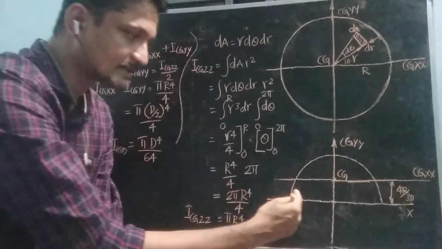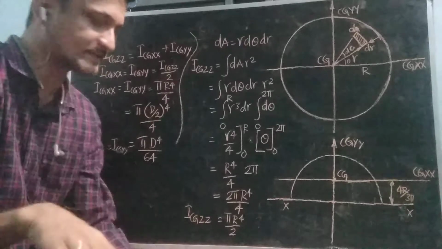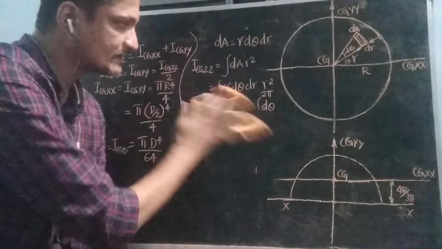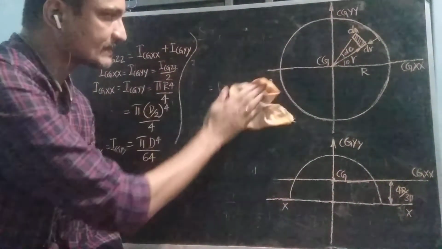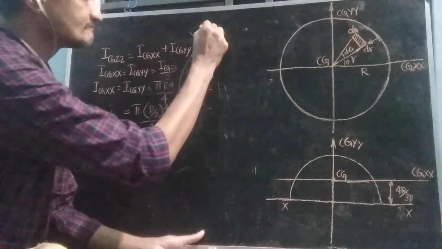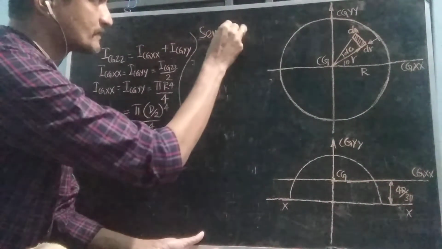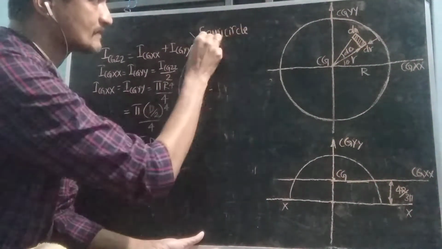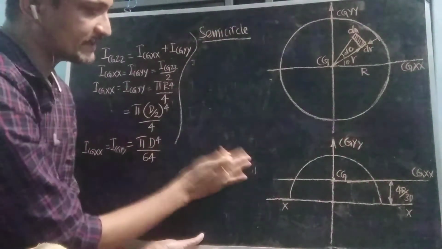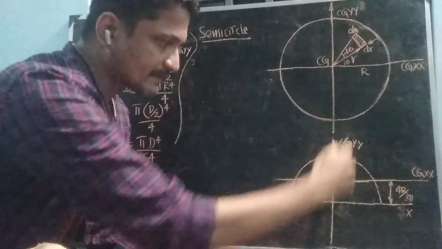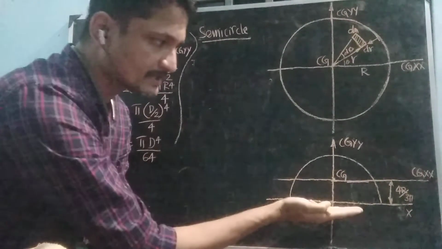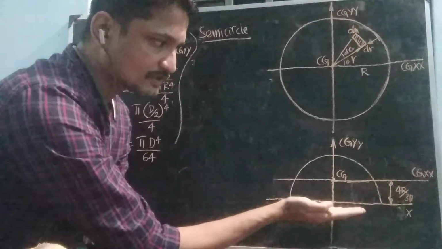Then next part, moment of inertia of semicircle. Here, in the case of semicircle, the semicircle is symmetric about the y-axis, centroidal y-axis, but not symmetric about the centroidal x-axis.